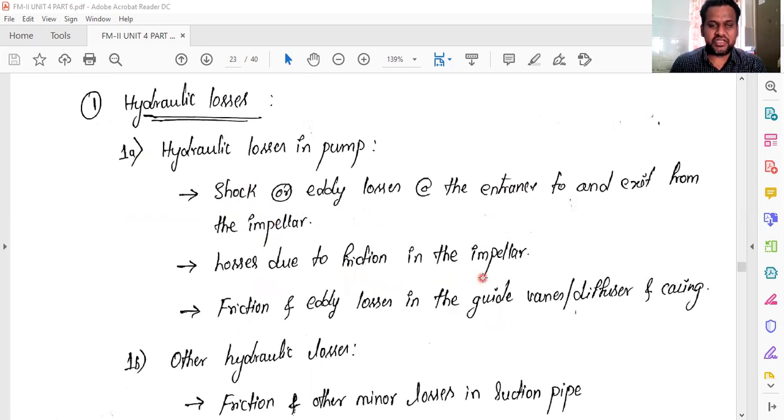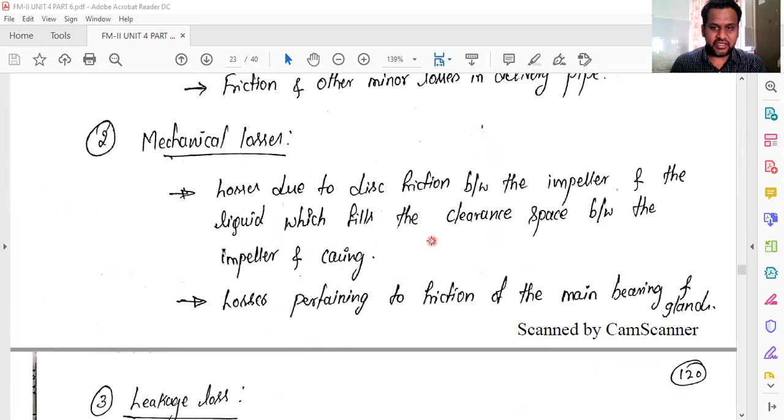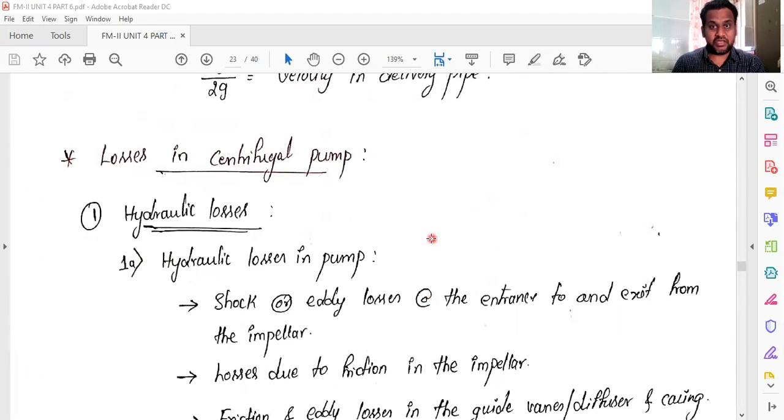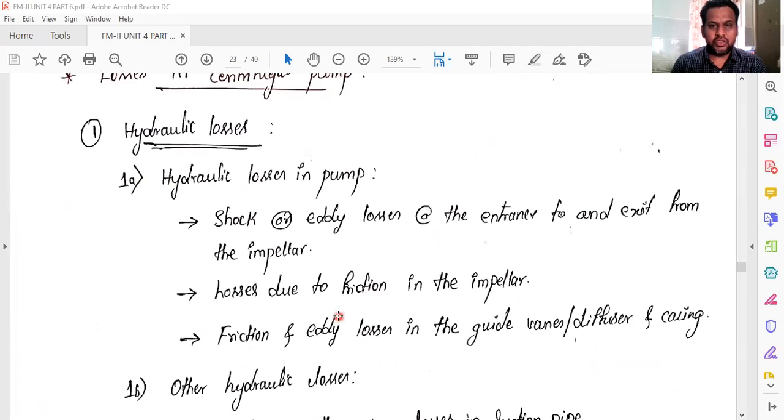Then losses due to friction in the impeller. The impeller is rotating, and whatever material you use, the metal, you cannot say the friction is zero.